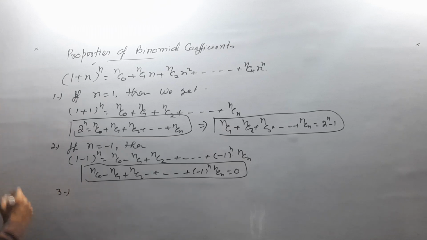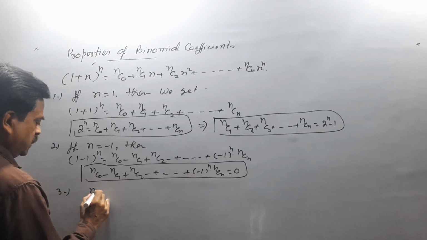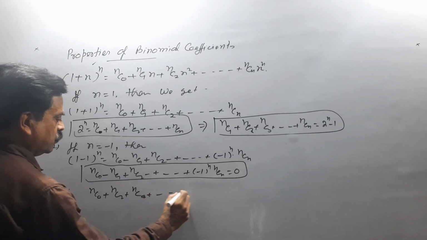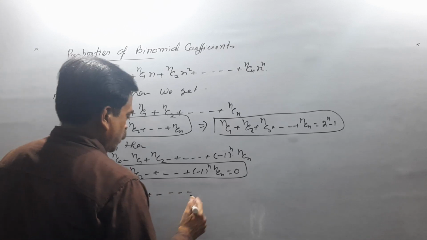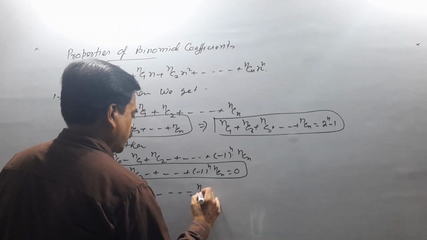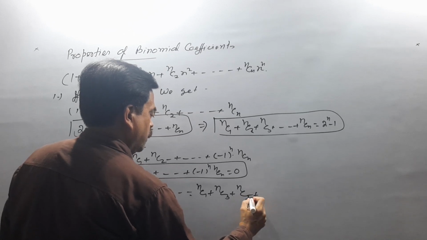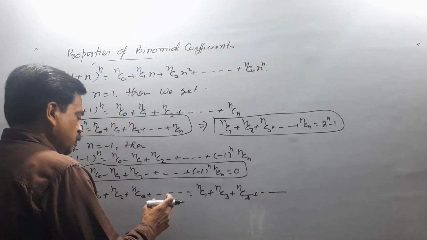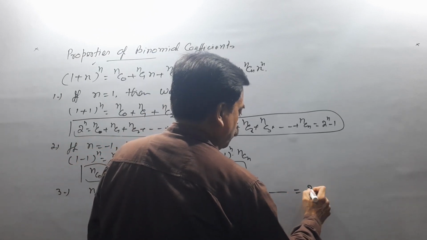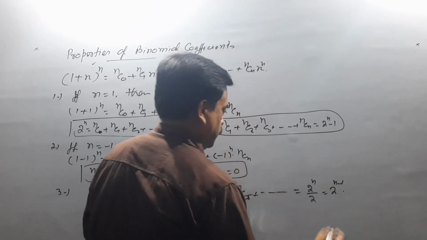Third property: if we separate even terms from this expansion like nC0 + nC2 and then nC4 and so on, and separate odd terms and transfer them to the right hand side, we get nC1 + nC3, nC5 and so on. So the sum of even terms equals the sum of odd terms, 2^n upon 2, or 2^(n-1).